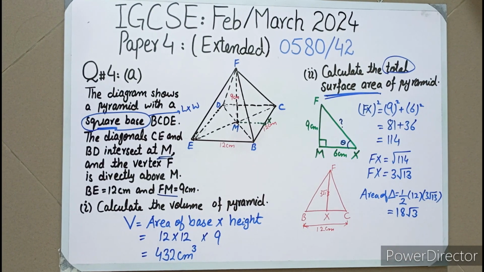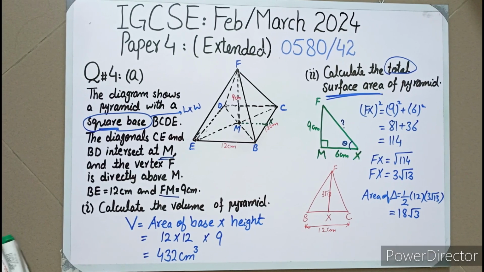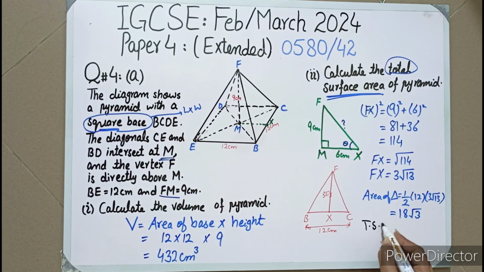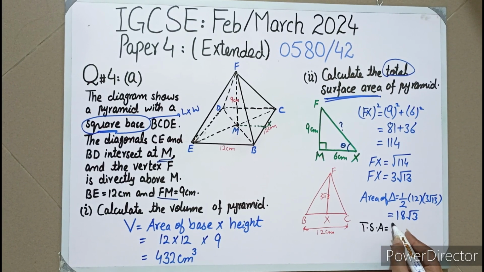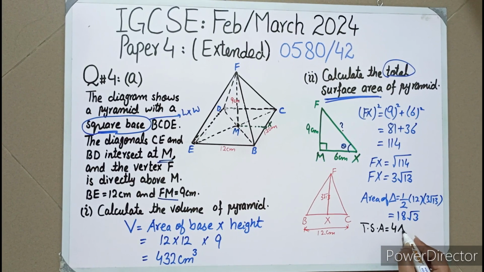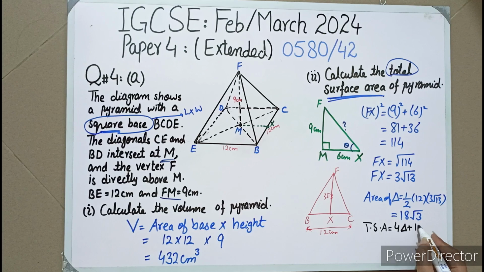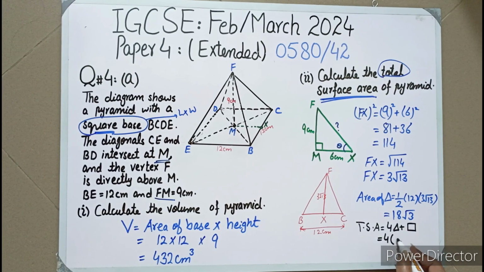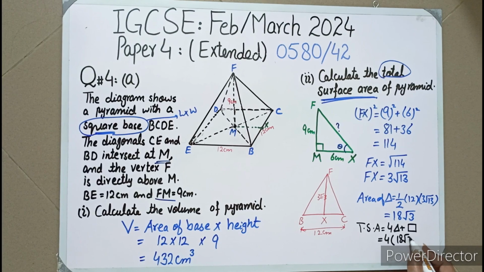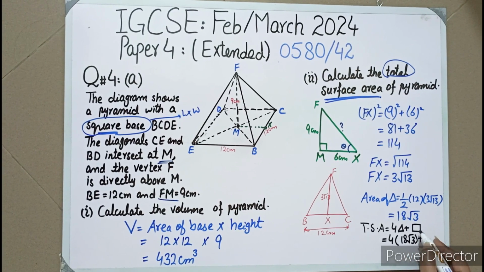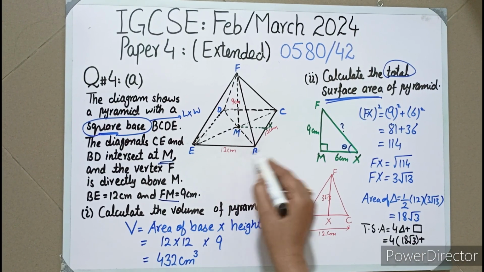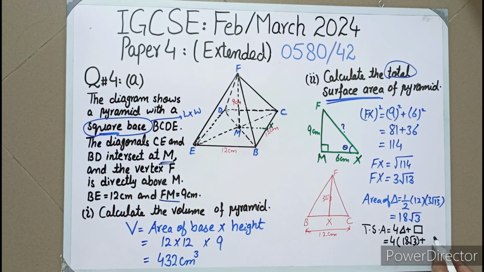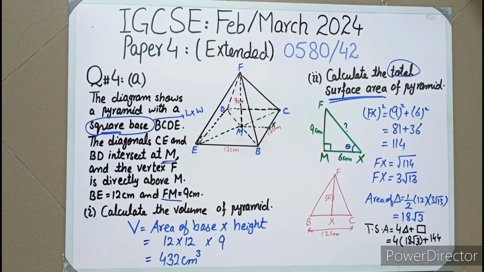Now I will work on total surface area. Total surface area will be area of 4 triangles plus area of square. Area of 4 triangles will be 4 into 18 square root 13, whereas area of square base is length into width, that is 144.